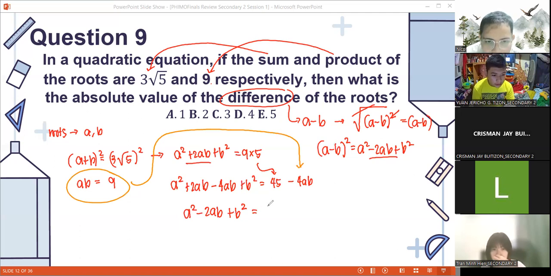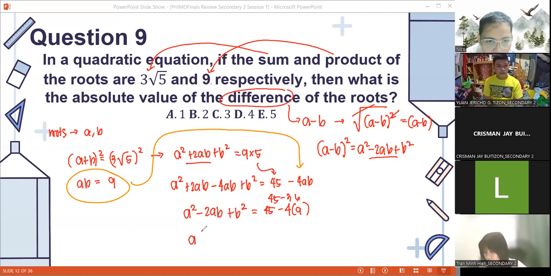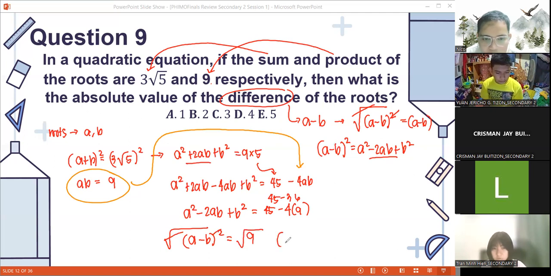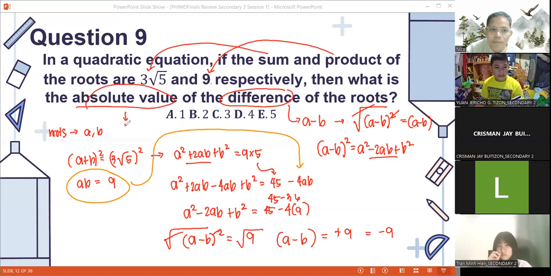So this becomes 45 minus 4 times 9. That is 36. 45 minus 36, so a minus b squared is equal to 9. Get the square root, so a minus b is equal to plus 9 and minus 9. Again, it's an absolute value difference, so only positive.